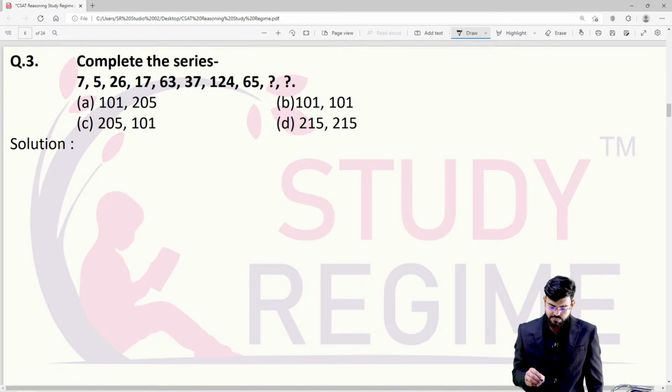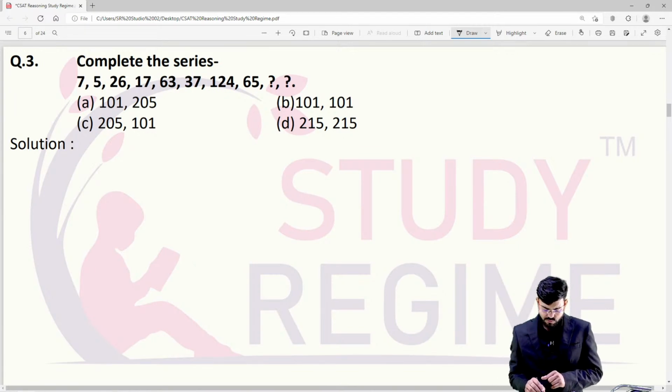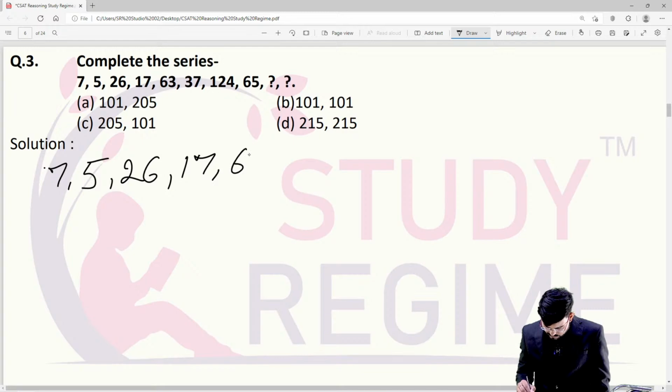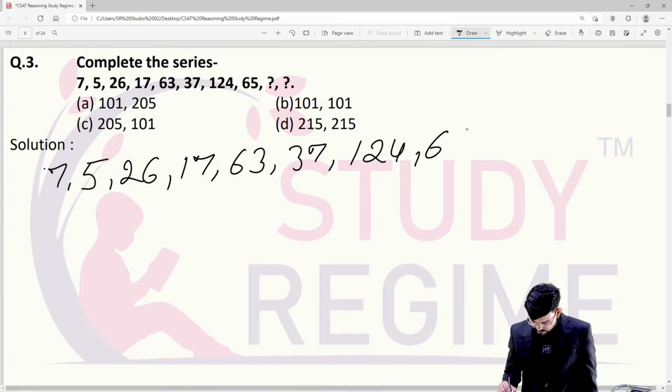It is given that we have to complete the series. Since there are two options, two answers in an option, for A 101, 205, and in the second also there are two options. So you have to understand that there is a series 5, 26, 17, 63, 37, 124 and 65, and there are two missing terms.